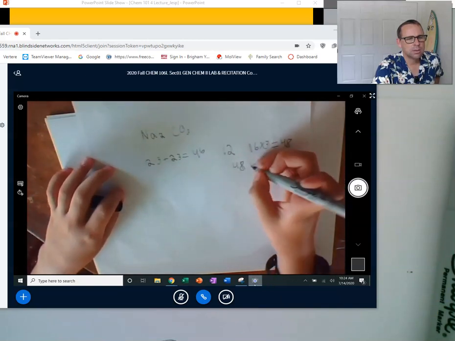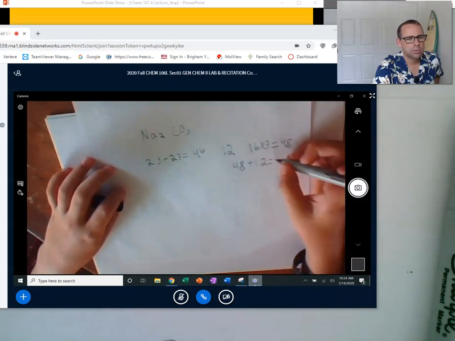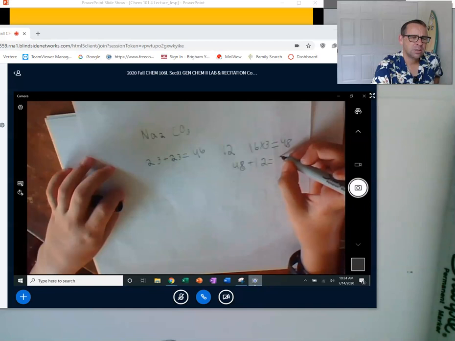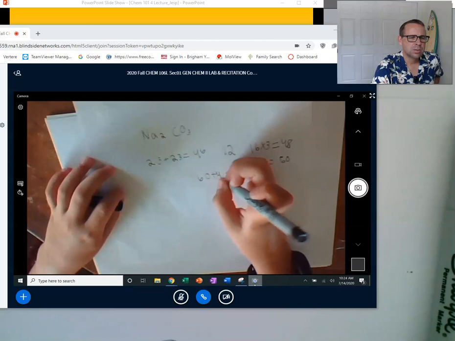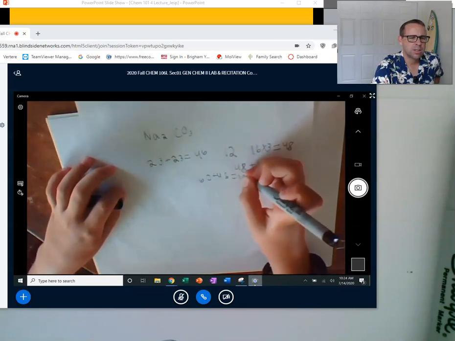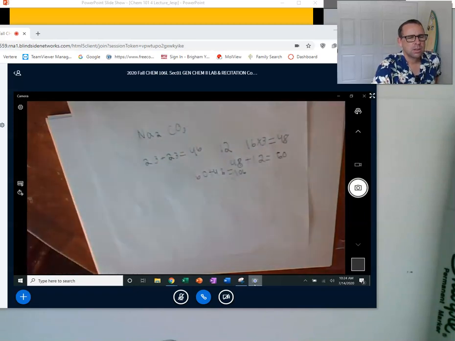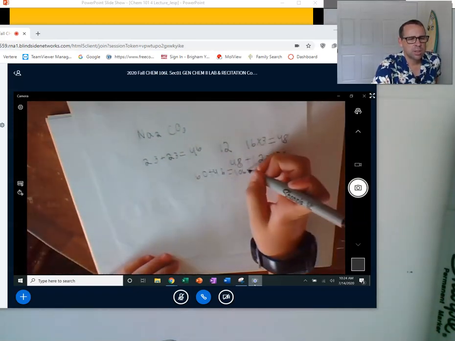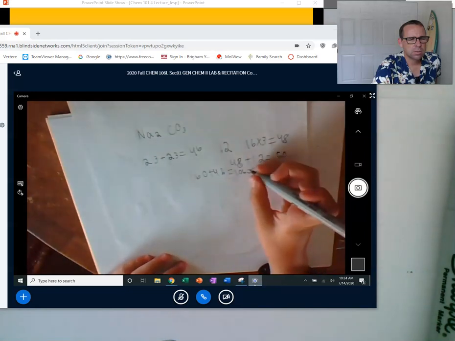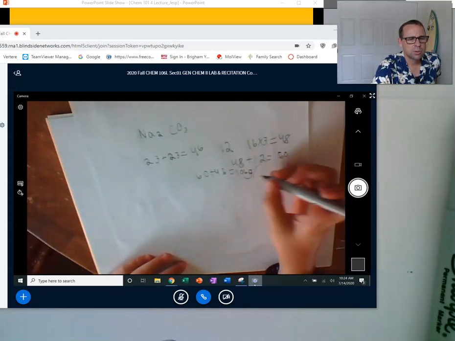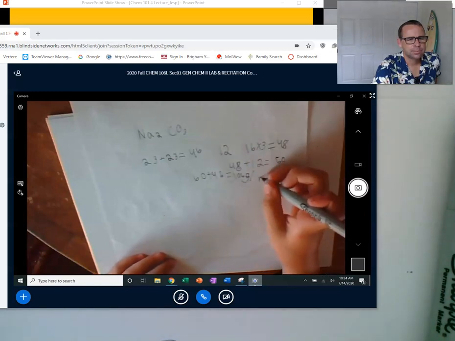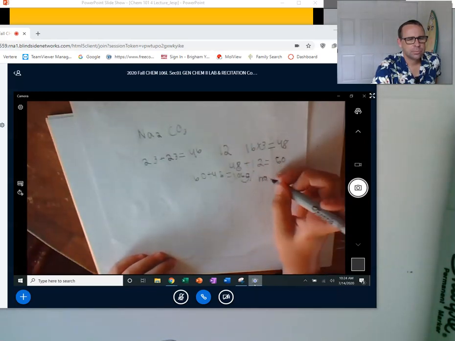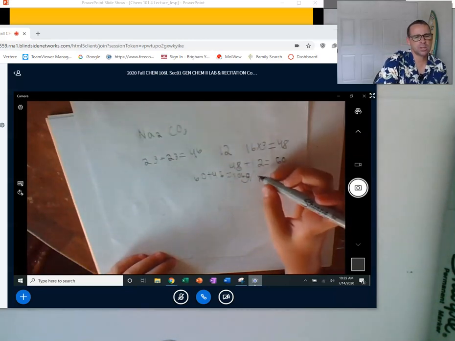So 48 plus 12 equals 60. Okay, good. 60 plus the 46, is that 106? Okay, good. Excellent. So what are the units on that 106? Grams for every what? Mole, M-O-L? Very good. Grams per mole. 106 grams per mole.